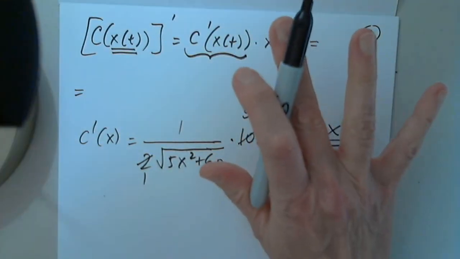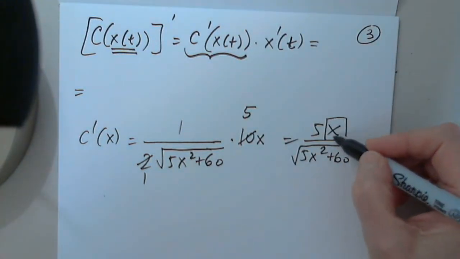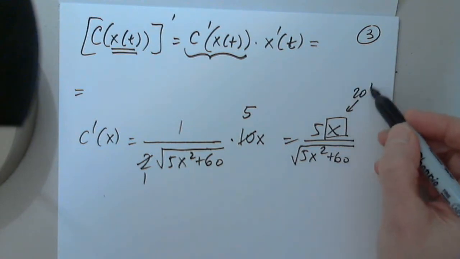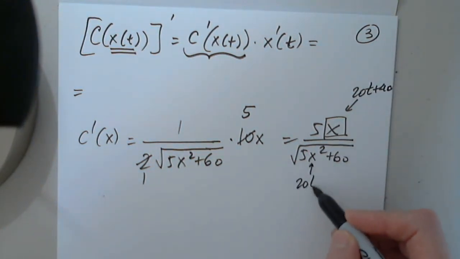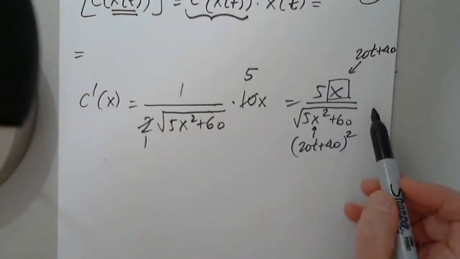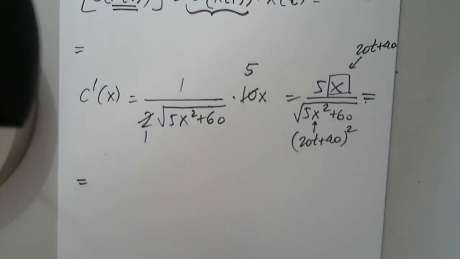Now, it's not yet a function of t. I have to replace everywhere I see x by 20t plus 40. Let's do it right now, or we can evaluate it later when we evaluate x. It's another way. There are many ways here.